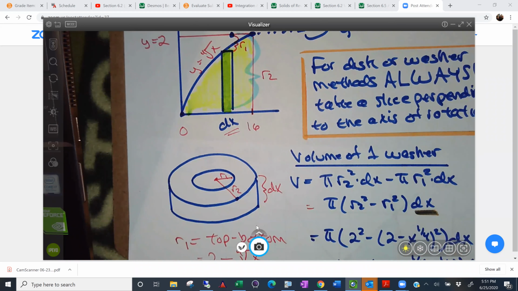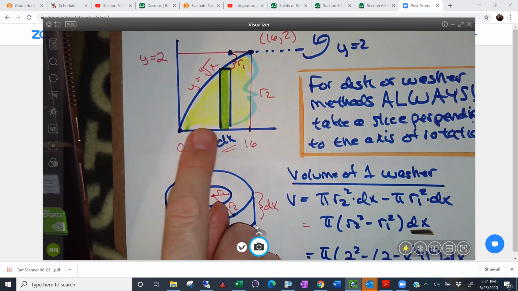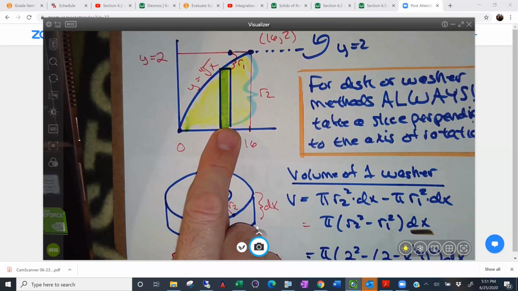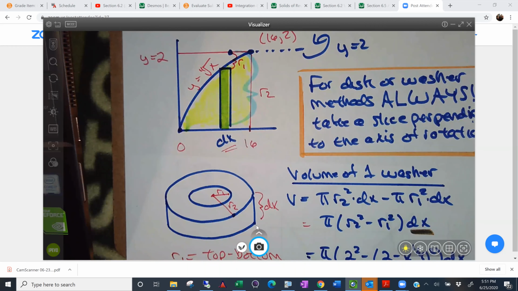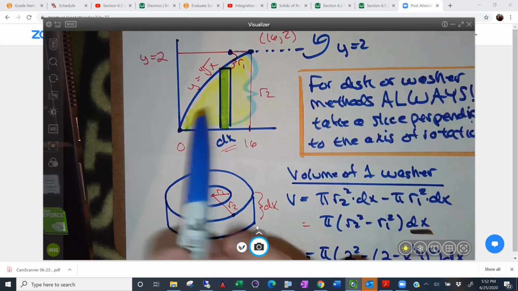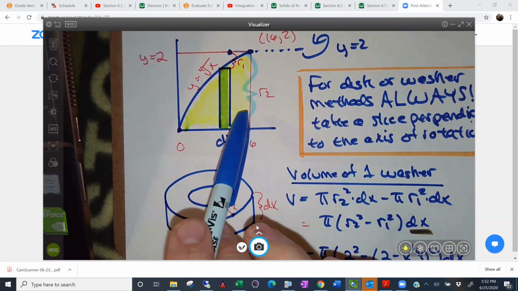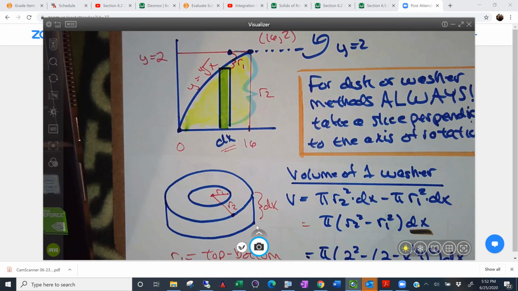I'd probably appreciate, and I might even mandate, seeing you draw the region and the slice. The purpose is not just to make you graph things, but I can also see if you're taking a dx slice or a dy slice. It's not wrong to do a dy slice, but that's a method you're going to cover in section 6.3. For that, you've got to wait till you take me in Calc 2. Okay, anything else?